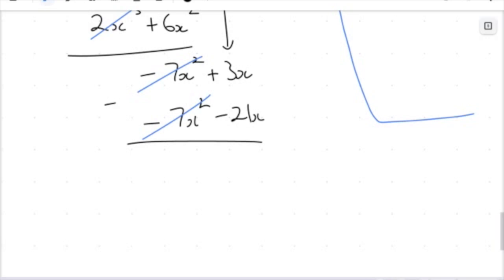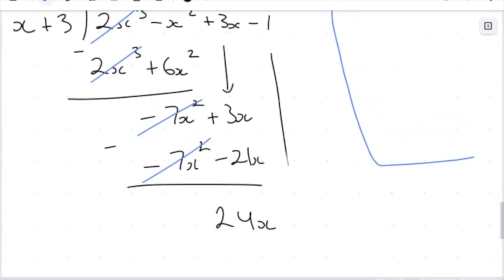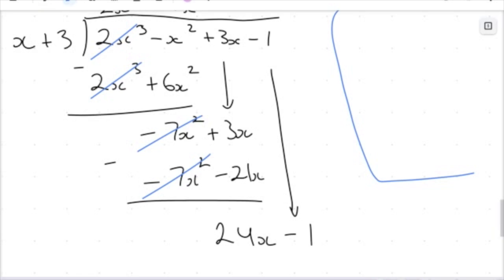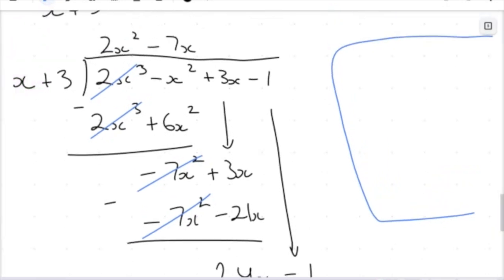That's the same as plussing. So I'm going to get 24x over here. And finally, I have the negative 1 here. We're almost there. We want to see how many times the x goes into 24x. It goes into it 24 times. So we have positive 24 times.